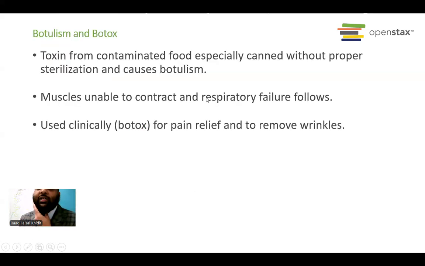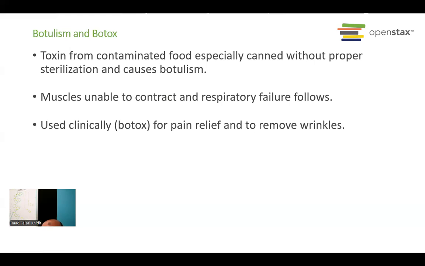The toxin comes from contaminated food, especially canned food without proper sterilization, and causes botulism. So the muscle is unable to contract and respiratory failure would follow.